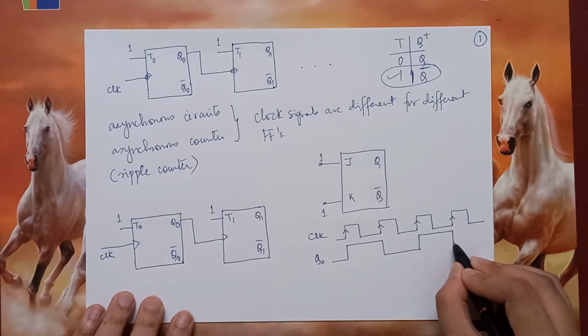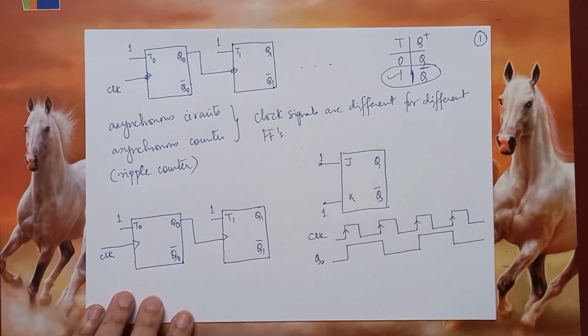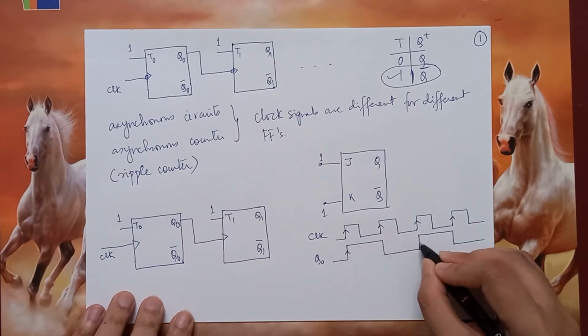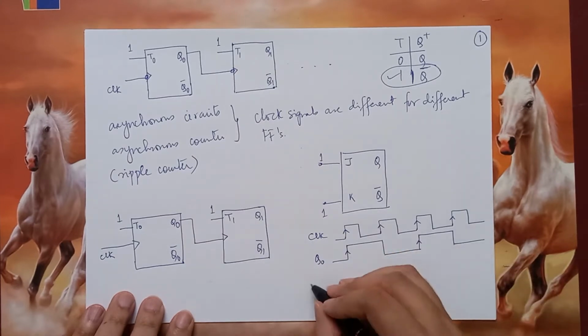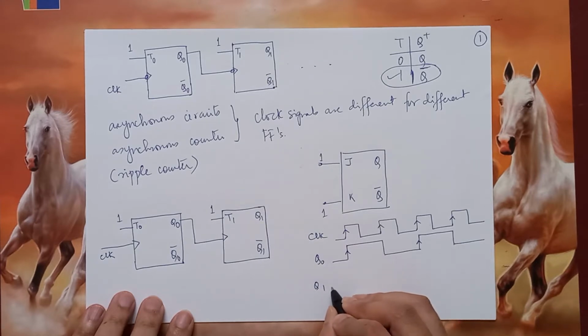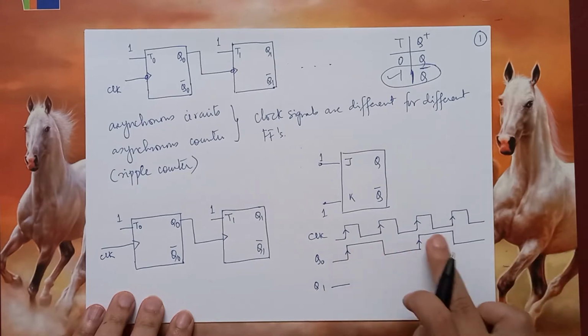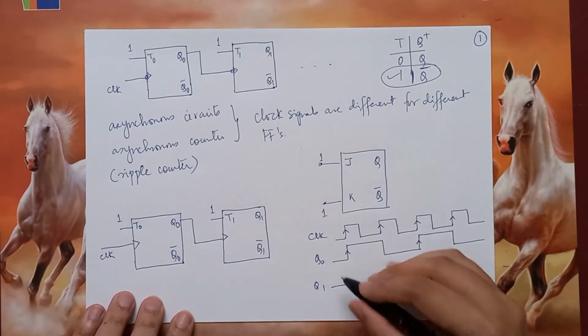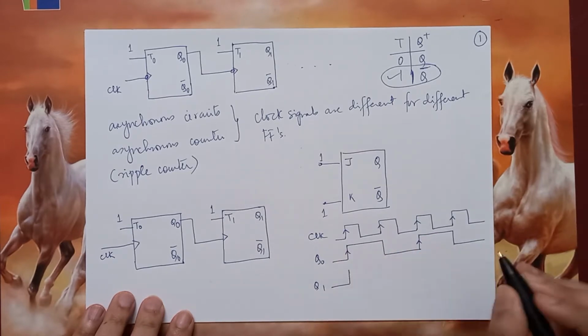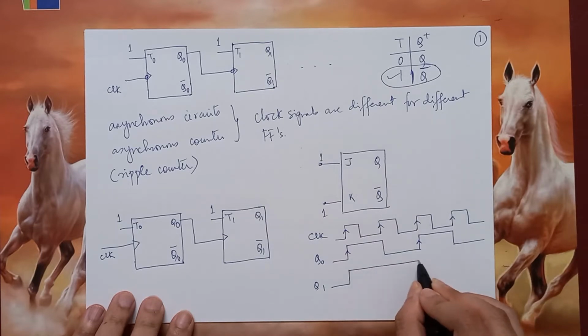Then again, it will become 0. Now, Q0 is being used as a clock for the next flip-flop, so we have to again look at its rising edges. Therefore, Q1, if you assume it is initially 0, will transition only during the rising edges of Q0. So here it will become 1 and it will stay as 1 until this point.